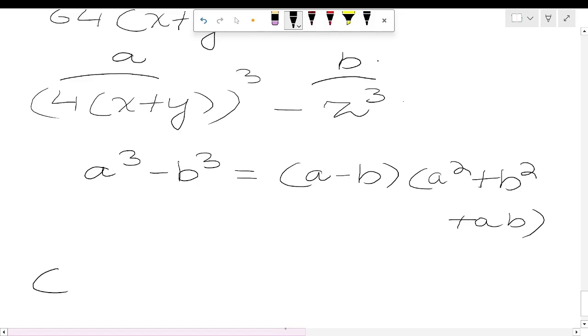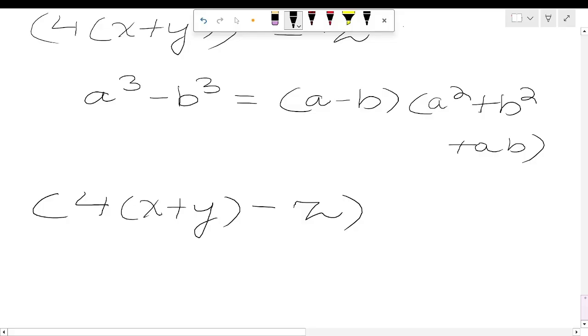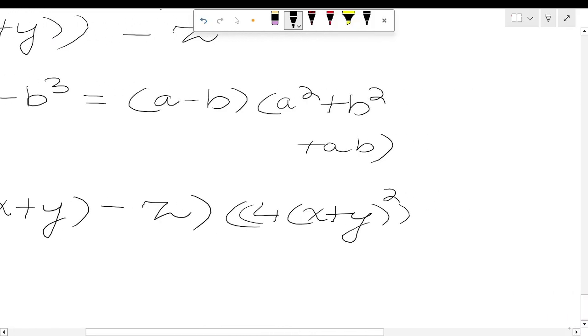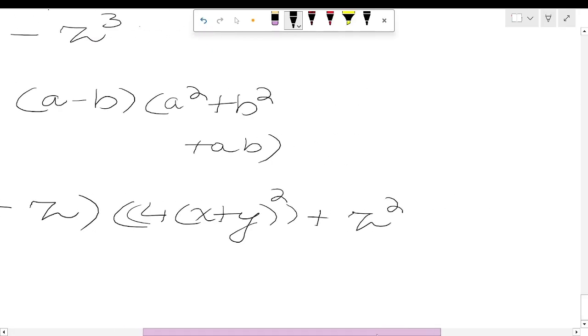So to write a minus z, I just write 4(x plus y) minus z. Then for a square, I will write 4(x plus y) whole square. It will be added with z square, and then we need to multiply a and b.